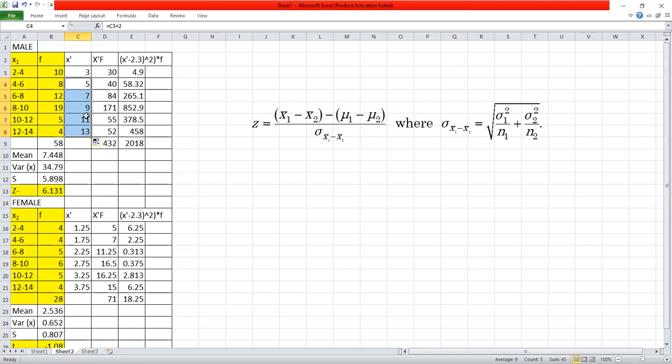I've gotten the X bars, which gives me a mean of 7.48. That is X bar 1.